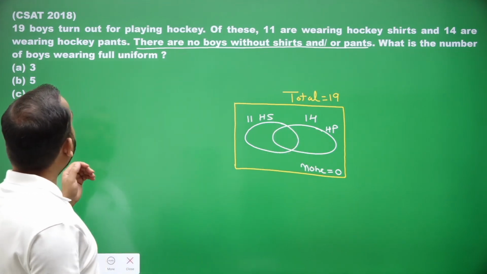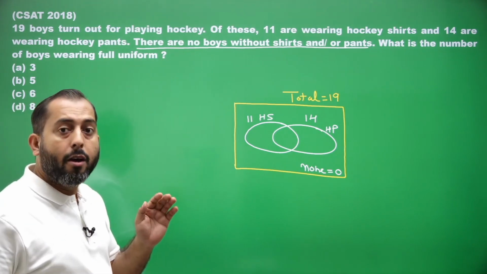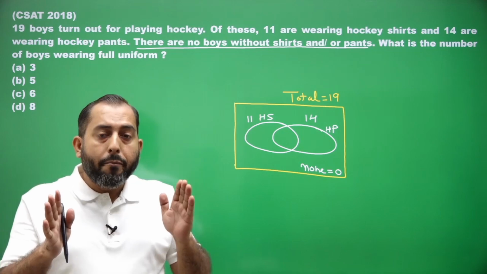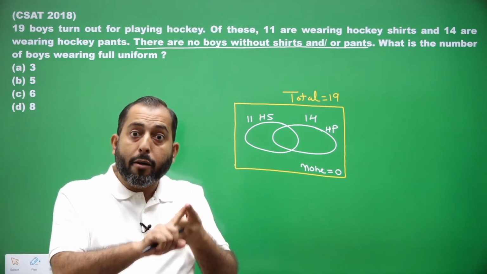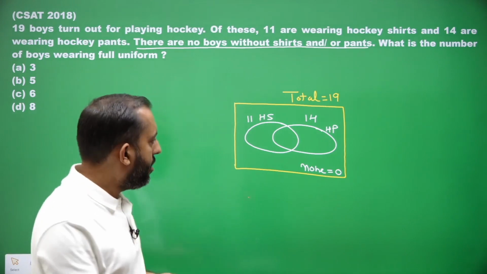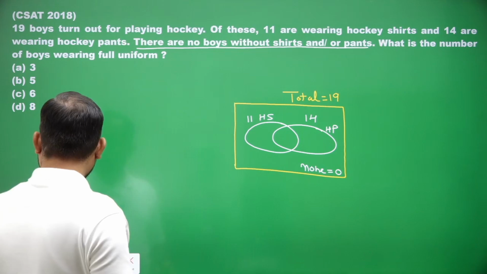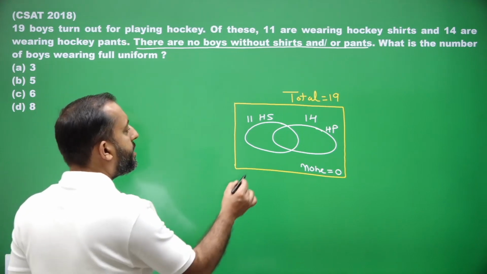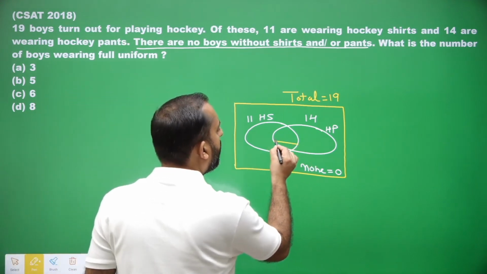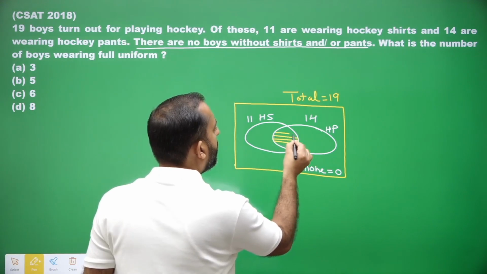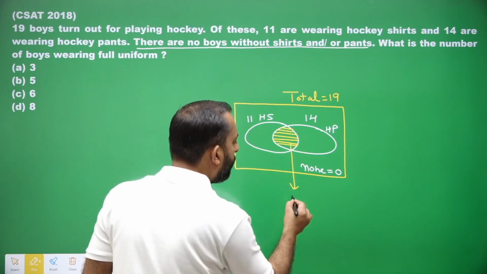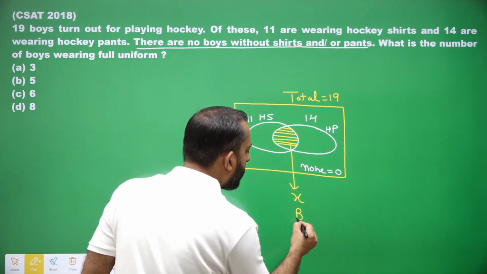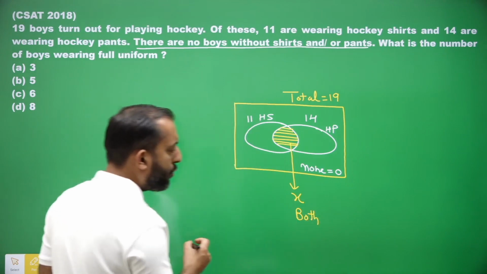What is the number of boys wearing full uniform? Full uniform means hockey shirt and hockey pant both together. So this intersection will represent the count of those boys who are wearing full uniform. Let's say X number of people are wearing full uniform.